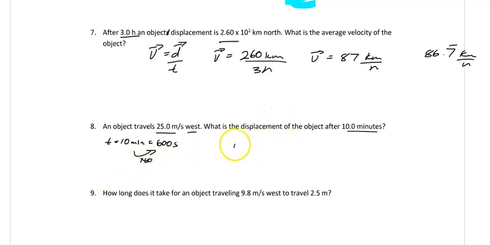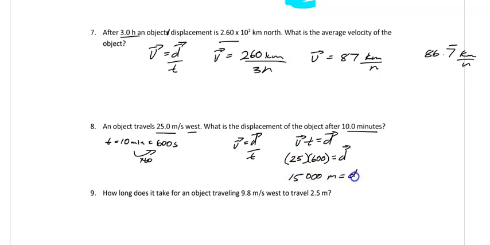So velocity is equal to displacement over time again. Now, we can manipulate this first or put in the numbers first. It doesn't matter, but I'm going to do this where we're manipulating first, multiplying both sides by t to get vt is equal to d. That velocity of 25 meters per second multiplied by 600 seconds is equal to that displacement, or an answer of 15,000 meters for the displacement.